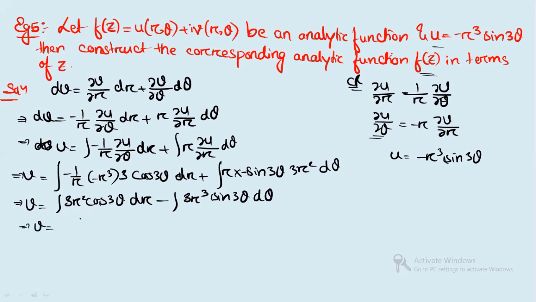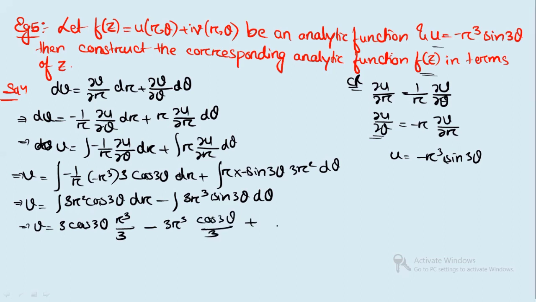Alright, so 3 cos 3 theta is constant, and r square on integration will give you r cube by 3, minus second term if you see, here also 3 r cube is constant, and integration of sin 3 theta will give you what? Cos 3 theta divided by 3. Clear? Plus c, constant will be there, so this 3 will cancel 3, here also 3 will cancel 3 in the first term. So v is equals to what? It will be equals to r cube cos 3 theta.